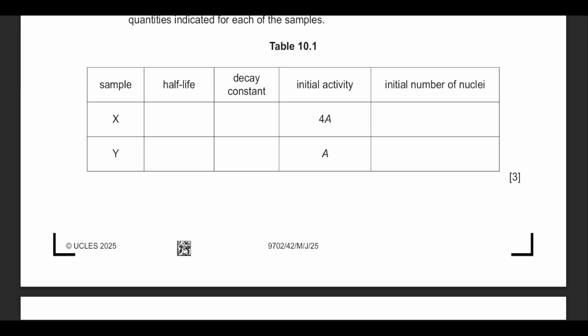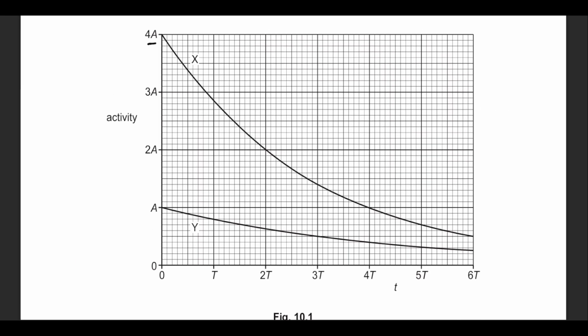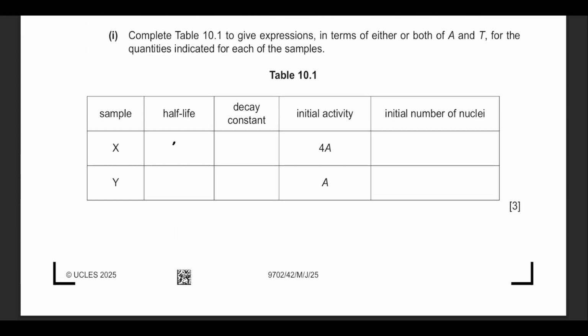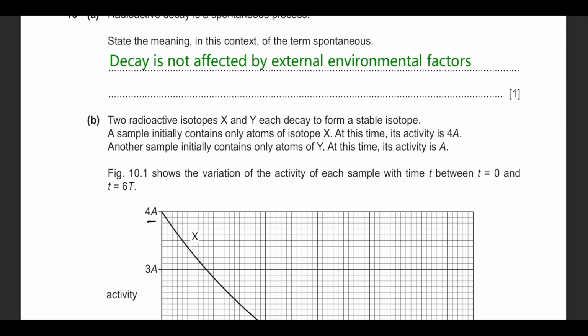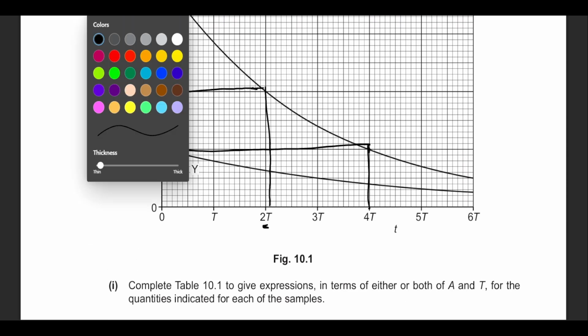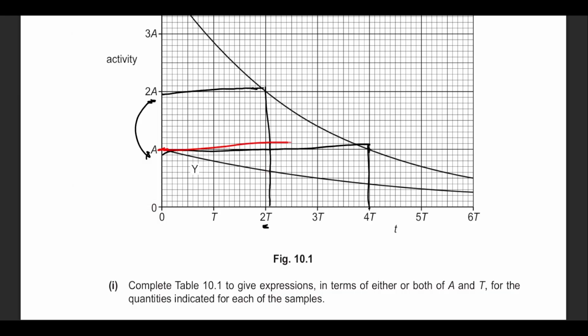So for half-life of X, it's very simple. This is 4A, check for 2 ways. This is going to happen at 2t, half 2 to 1. This happens here. So for the half-life of X, we are absolutely bang on: this is 2t. Now the half-life of Y. So if this is 1, for example, which is 40, approximately.